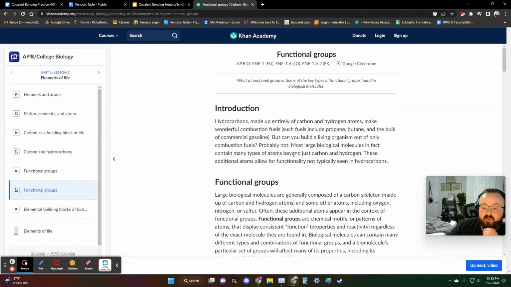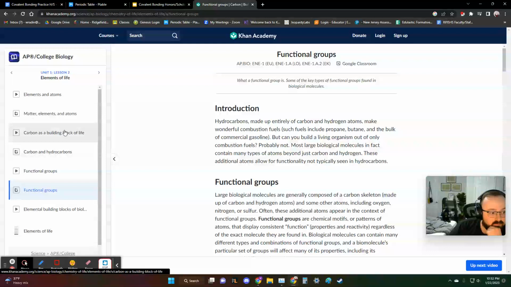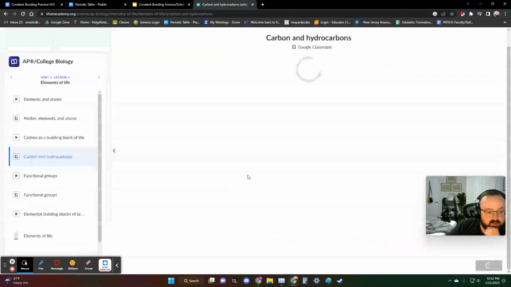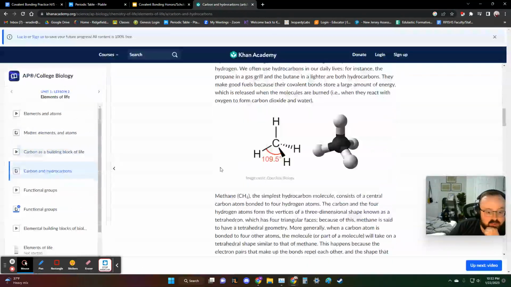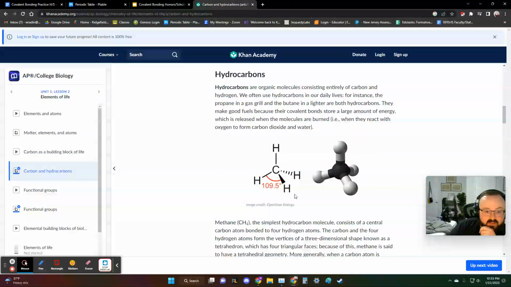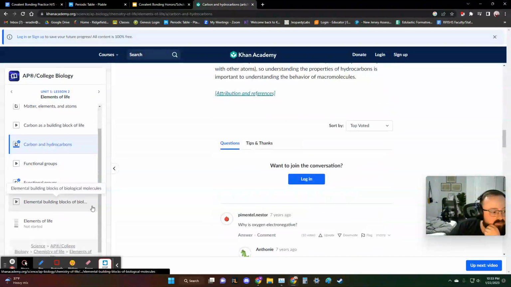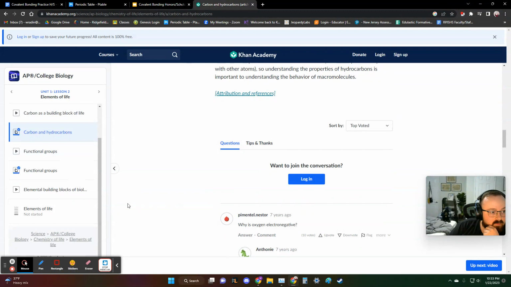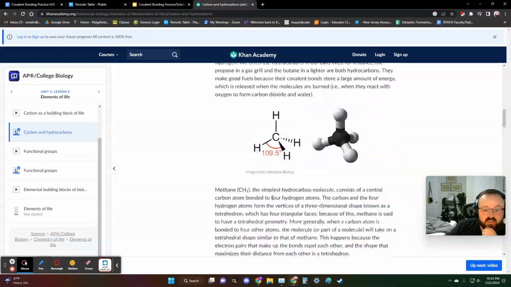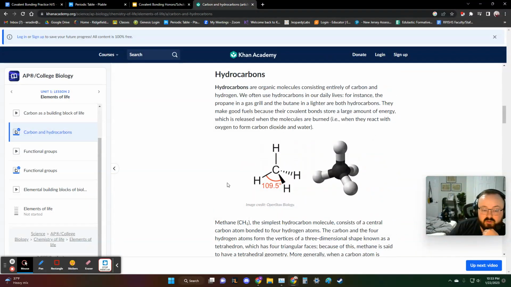If you're learning about biochemistry, carbon and hydrocarbons, structures that look like this. You're going to see a lot of these kind of structures, and you're going to learn that carbon is always going to have four bonds.